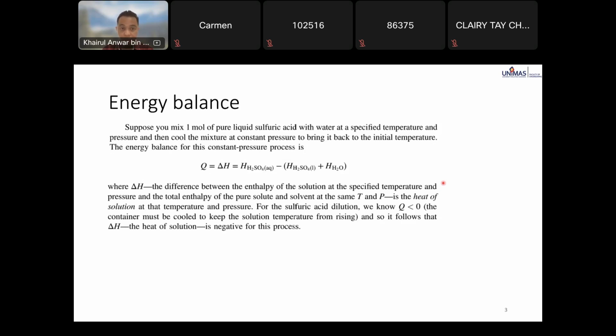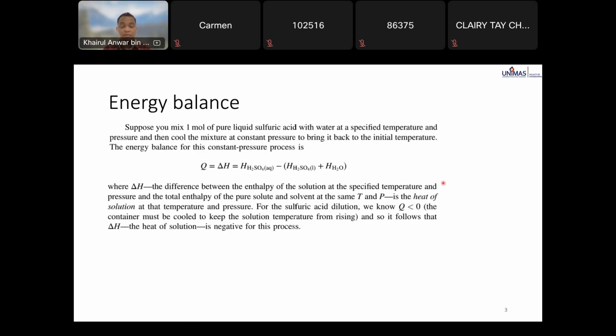So suppose you mix 1 mole of pure liquid sulfuric acid with water at a specified temperature and pressure, and then cool the mixture at constant pressure to bring it back to the initial temperature.